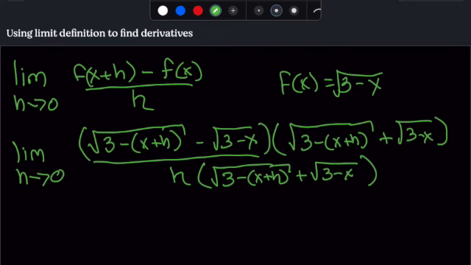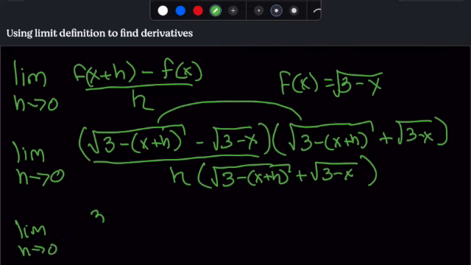Alright, so the top is in the form of a perfect square. Therefore, the middle term should cancel. So square root times square root, the square roots just go away, and we just get what's left under there. So let's take the limit as h goes to 0. So the square roots just cancel.